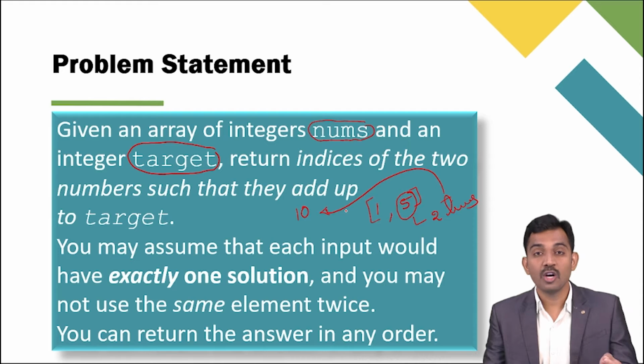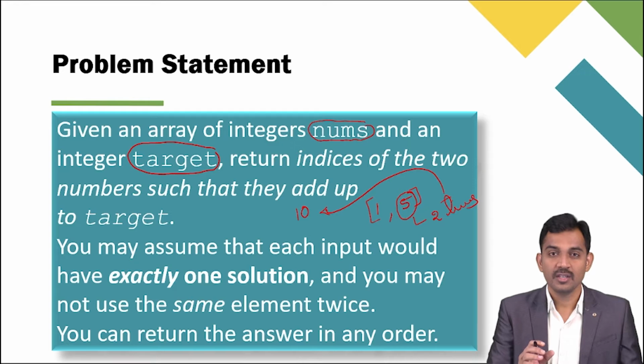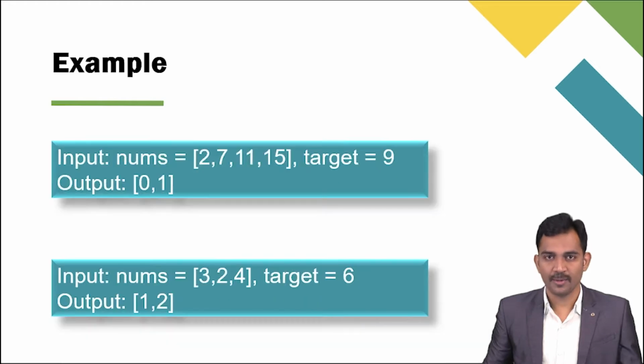But that is not possible in this case. Element repetition is not possible. So by using these two constraints, you should solve the problem. Let us see with an example.